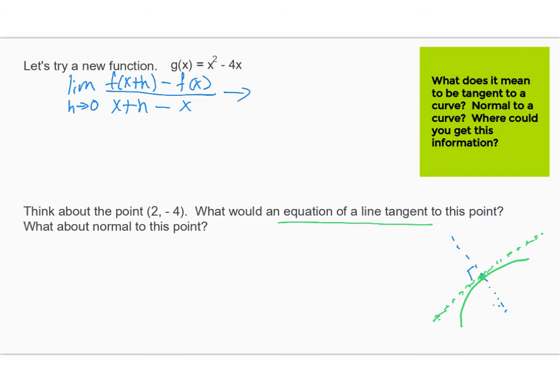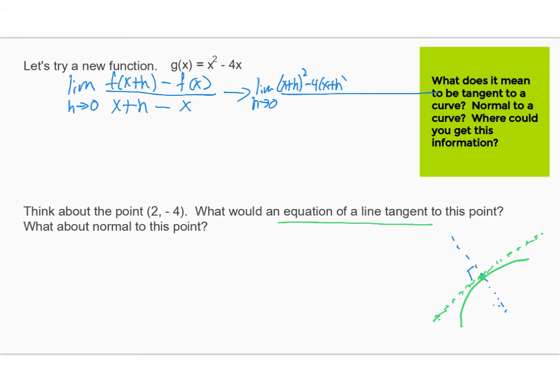I'm going to plug in this function. So this is going to be the limit as h approaches 0, and in my difference quotient, f(x + h) is going to be (x + h) squared minus 4(x + h).